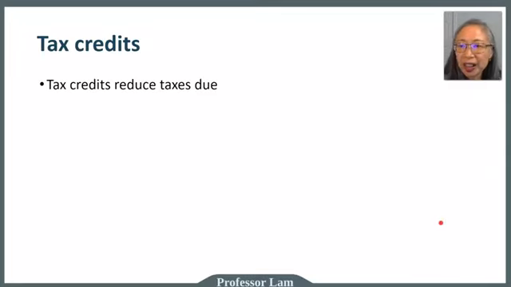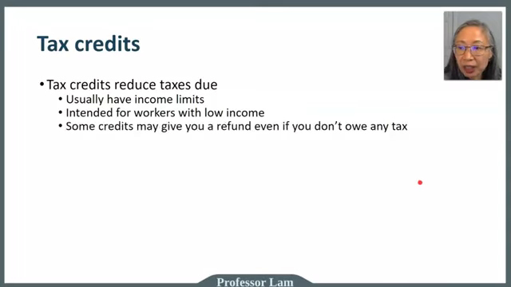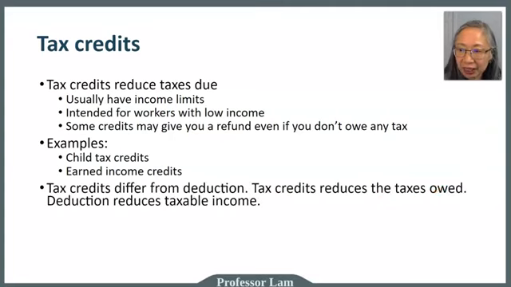Usually tax credits have income limits, and they are intended for people who have low income. It's important to pay attention because some tax credits can give you a refund even if you don't owe any tax at all. Examples include the child tax credit or earned income tax credit. Tax credits are very different from deductions.